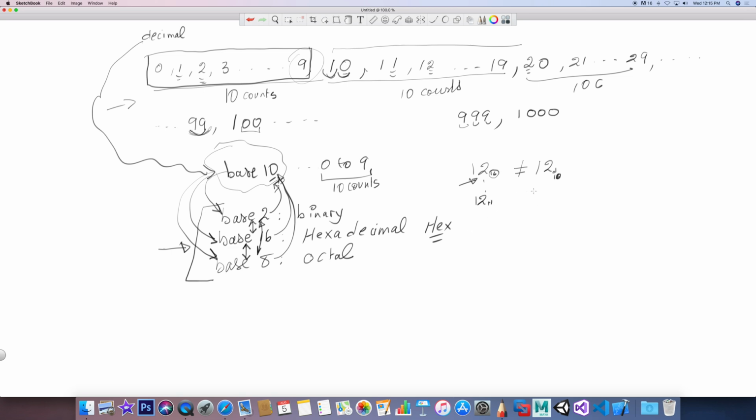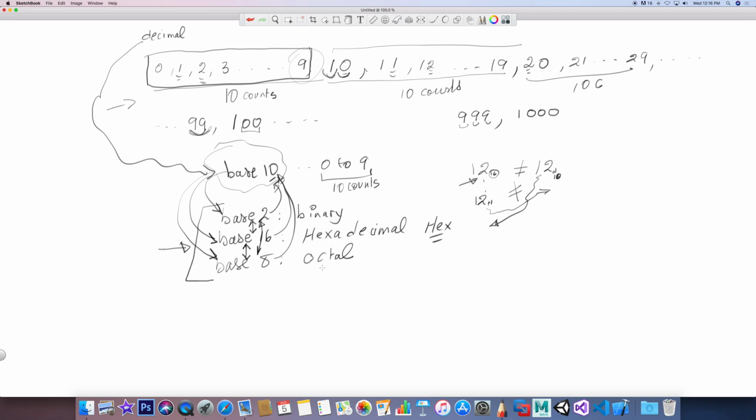So these two numbers are not equal, but each one of them can be converted. This 12 hex can be converted to decimal, and this 12 decimal can be converted to its equivalent in hex. In the next videos, we're going to be looking at these conversions.